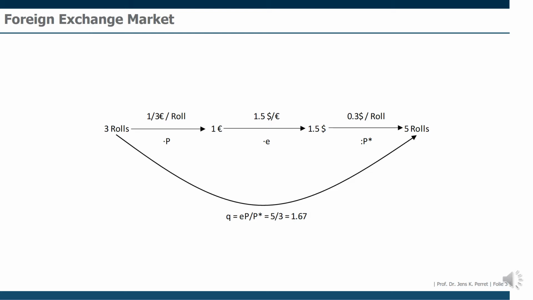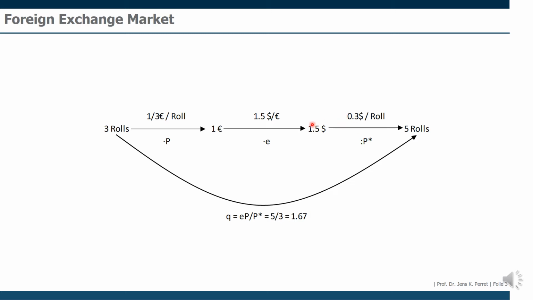Then I want to know how many rolls in the US I can actually buy for $1.5. So I'm going to divide this by the foreign price level, which here is P star.